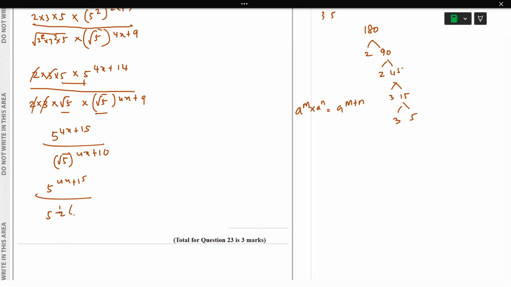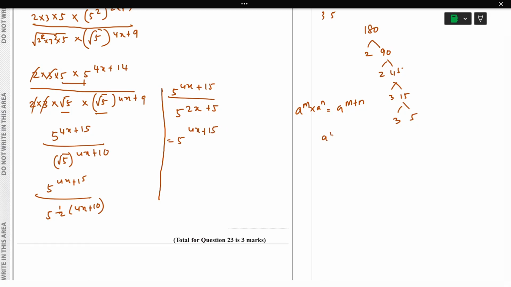So 5 power 1 by 2 into 4x plus 10, which is going to be 5 power 2x plus 5. So I'll bring everything into the numerator, which is 5 power 4x plus 15.